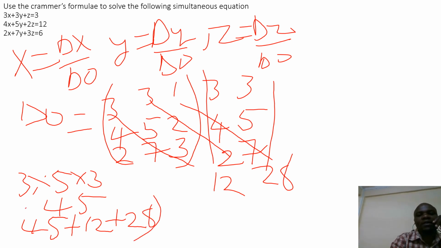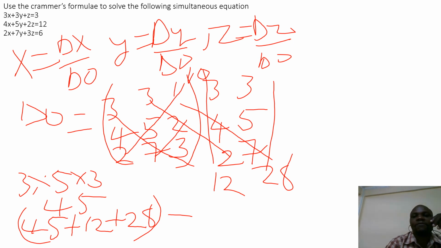Then now from this, I'm going to subtract what is made by the last diagonals here, which is 2 multiplied by 5 times 1, which is 10, and also 7 multiplied by 2 multiplied by 3, which gives me 42 here. And then I also have 3 multiplied by 4 multiplied by 3, which gives me 36.